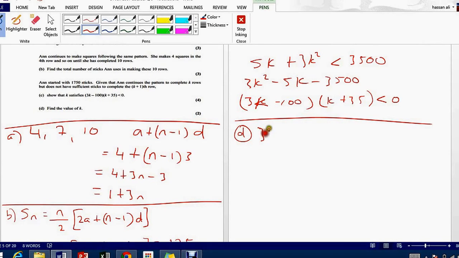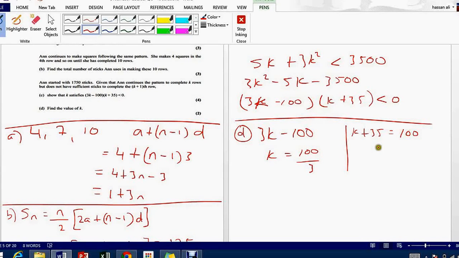Right, so we have 2 brackets, so therefore k will equal 100 over 3, or k plus 35 equals 0, and therefore k will equal minus 35.